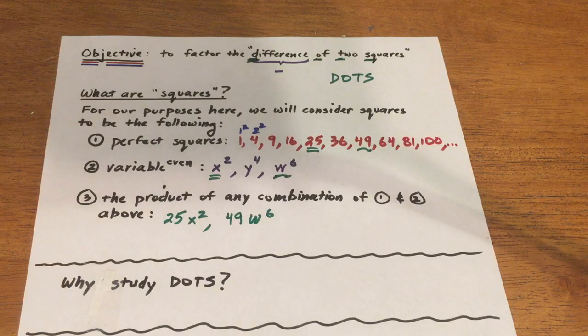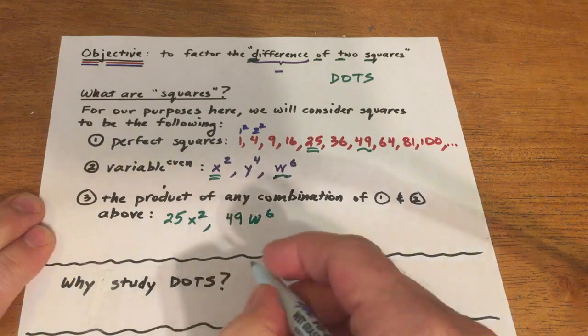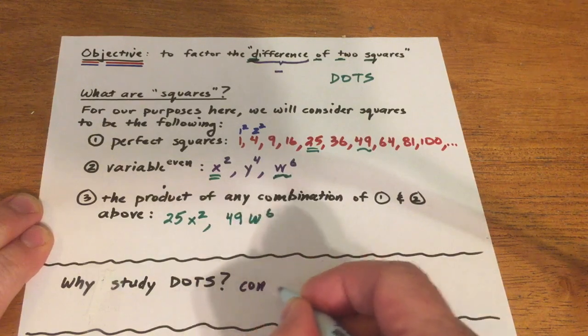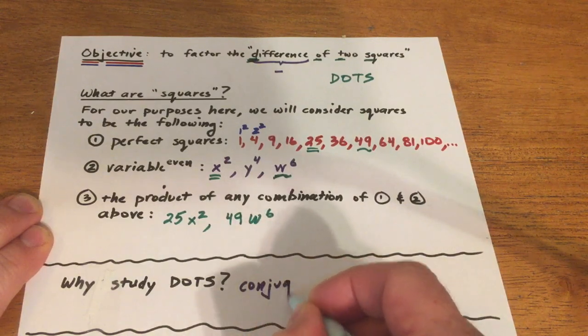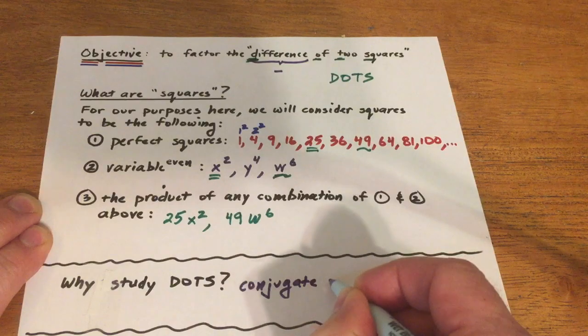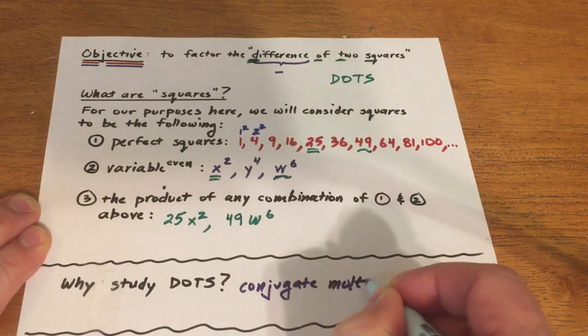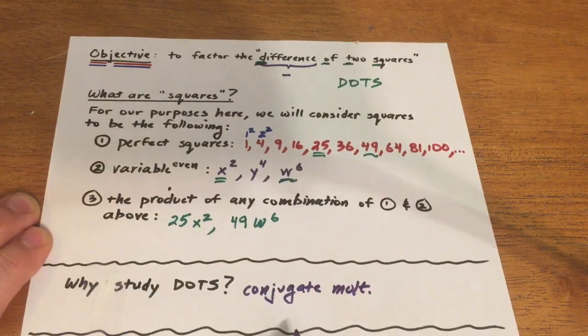Well, it turns out that this pattern reveals conjugate multiplication. And conjugate multiplication is going to be something that you're going to use a lot of in higher level math. This may not mean that much to you now, later it will.